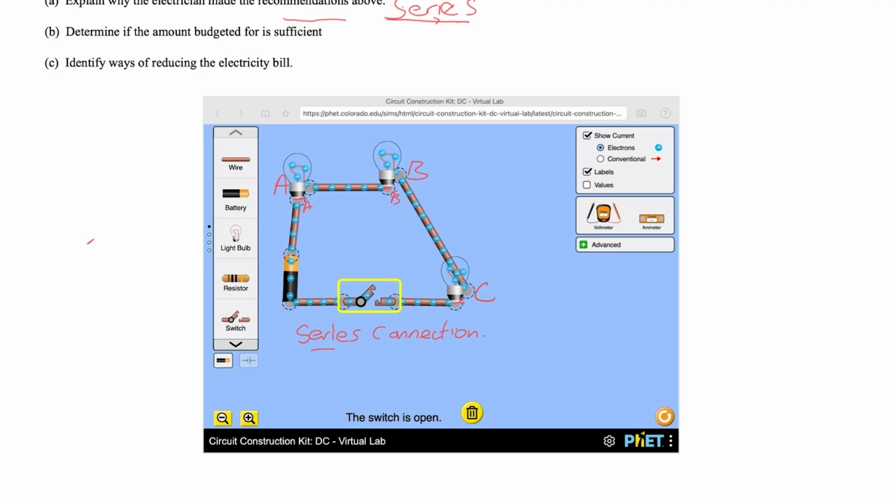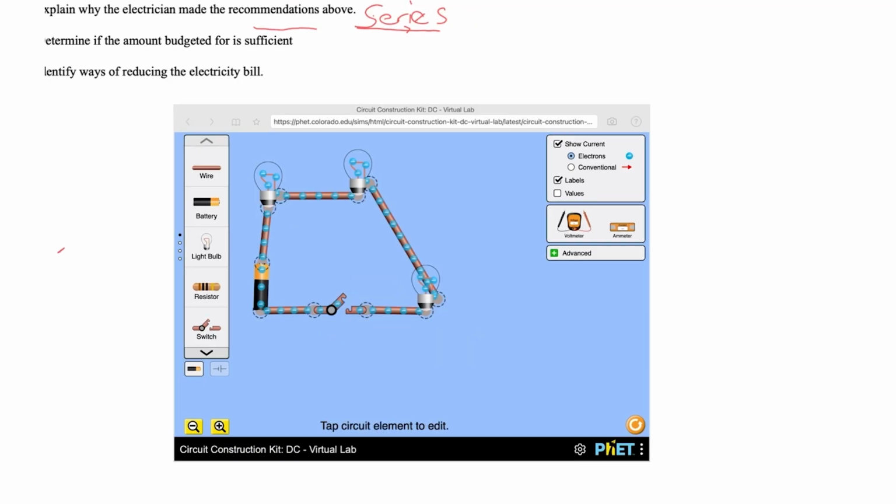Now, let us watch what really happens when I switch on my bulbs. When the switch is on, you're going to realize that the current flows in one direction through the whole circuit and throughout one path.